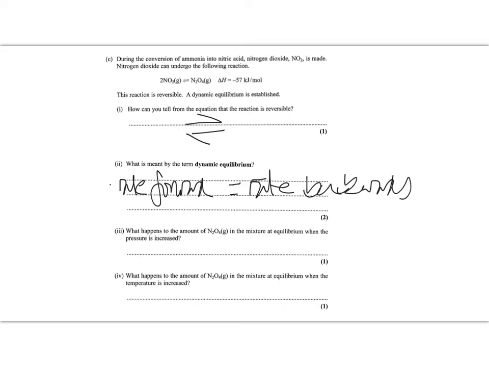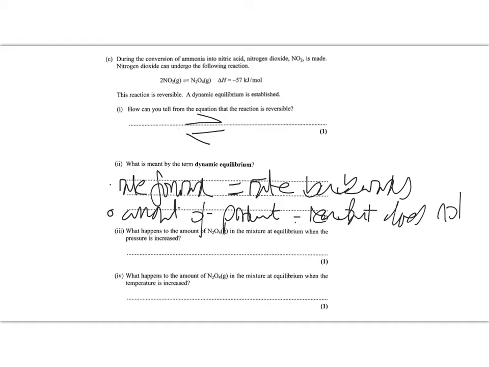They occur at the same speed, which means the amount of product and reactant does not change. The amount of the product and reactant are not equal necessarily. You might have far more product than reactant or vice versa, but because they are being formed and removed at the same speed, their amounts do not change.